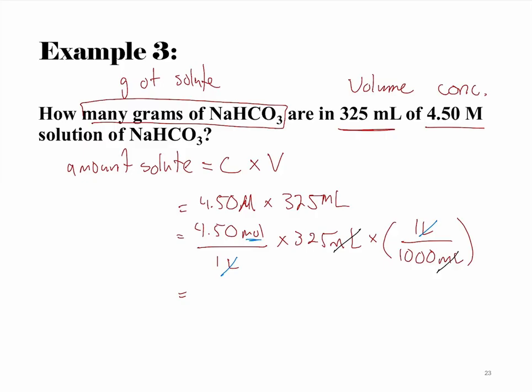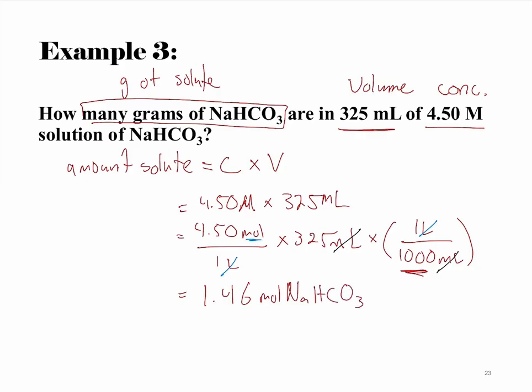So it should be 1.4 or something, around there. Right, because you have to remember to divide by that 1,000, because that's the conversion from milliliters to liters. We have to include that 1,000 in there. So it should be 1.46 moles of what? What are these moles of? Yeah, sodium bicarbonate, right? So NaHCO3.